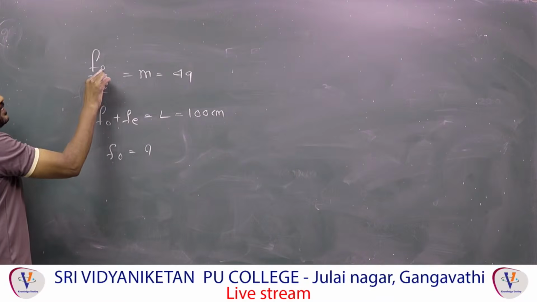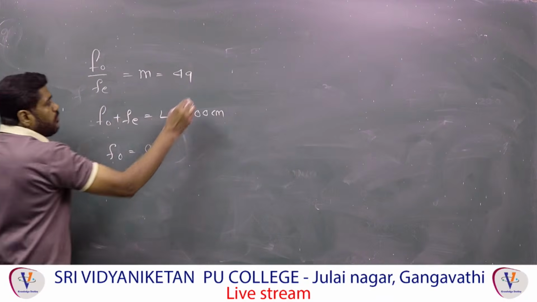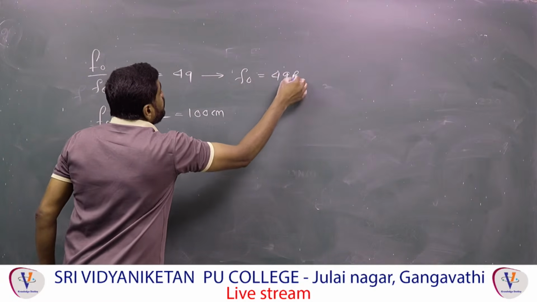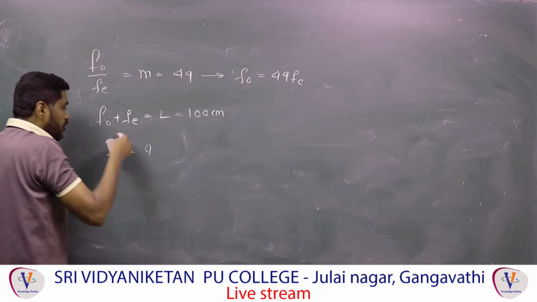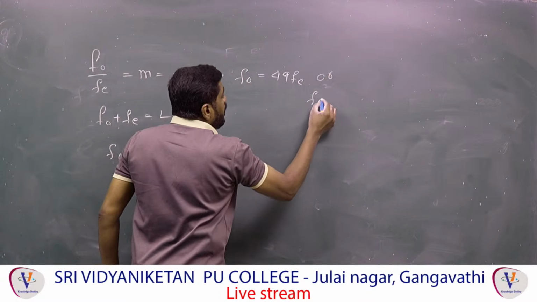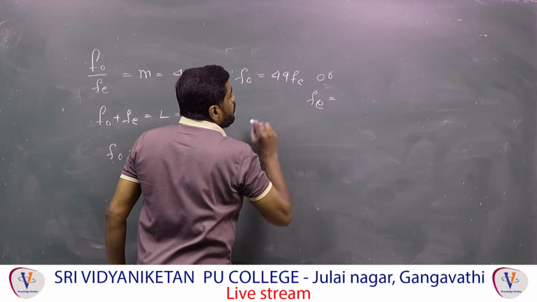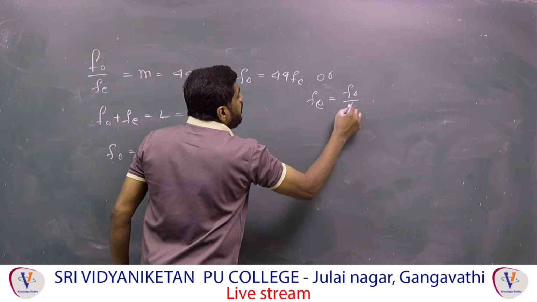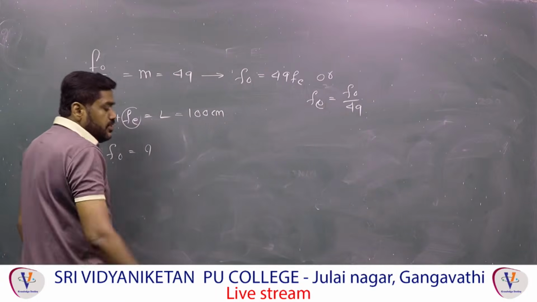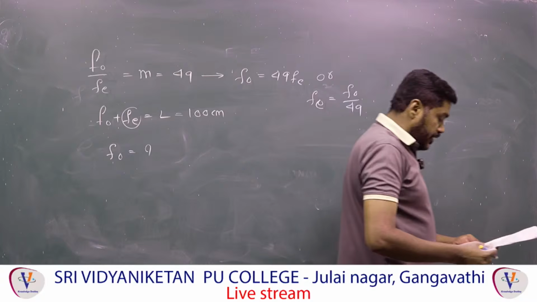From this, F naught is equal to 49 into Fe. Substitute the Fe value here, or you can take Fe is equal to F naught by 49. Replace Fe with that equation and you will get the answer.